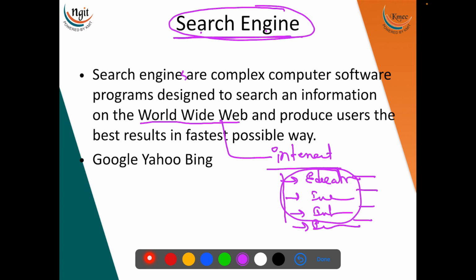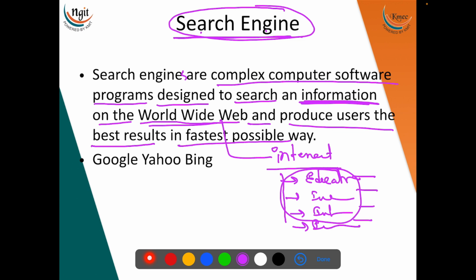So what is a search engine? Search engines are complex computer software programs designed to search for information on the internet and give users the best results in the fastest possible way. We all know Google is a search engine, but it is not the only one.